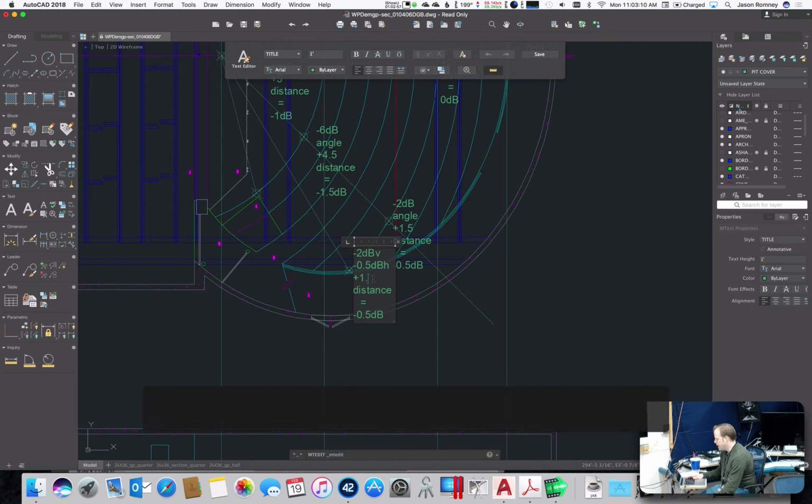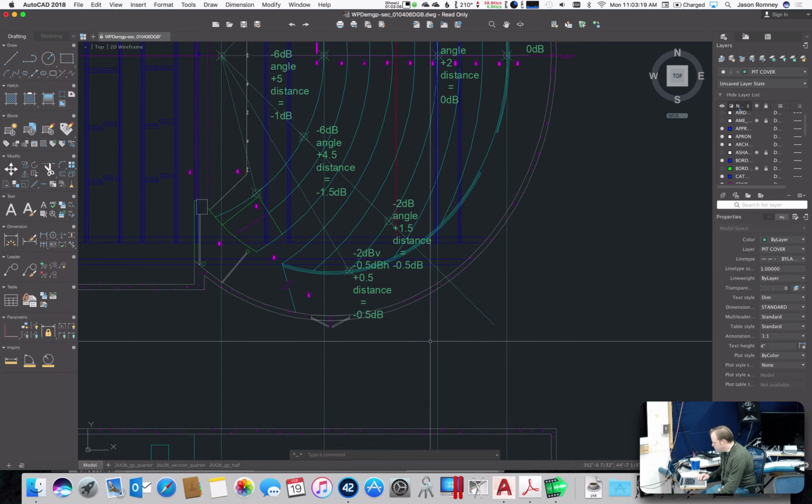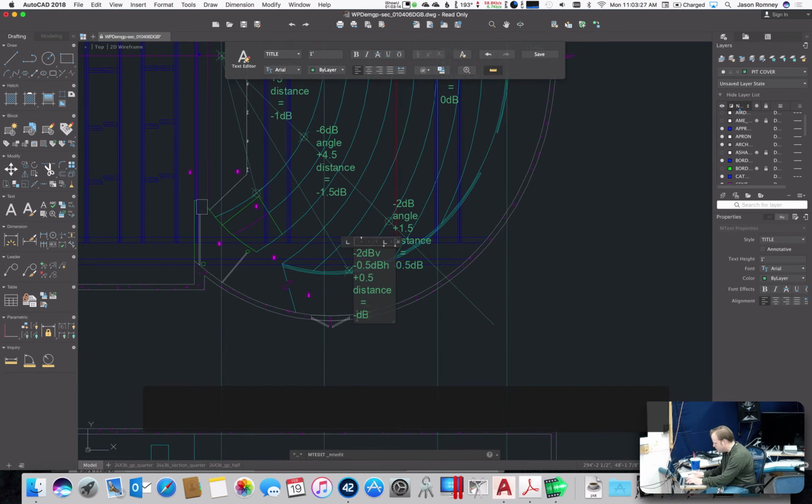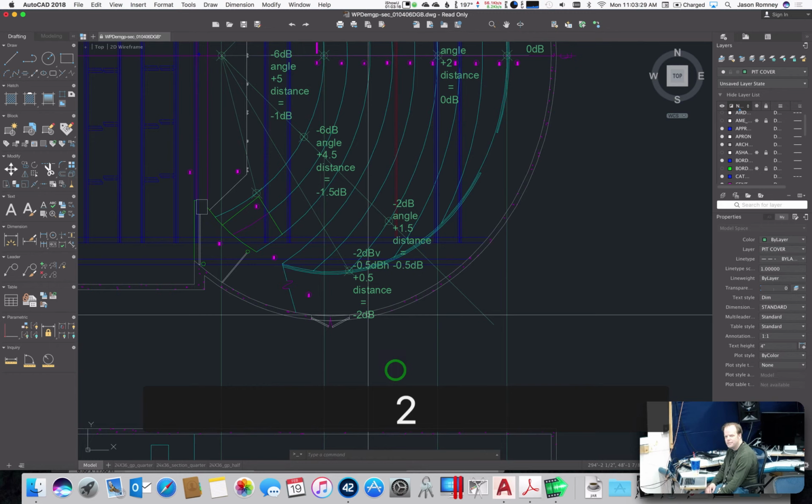Okay, so I'm really now at 0.5, right? Half a dB for distance. So that means in total I am minus 2.5 plus 0.5, which means now I'm at a total of minus 2 at this seat. Yeah? Do we follow that traversal?